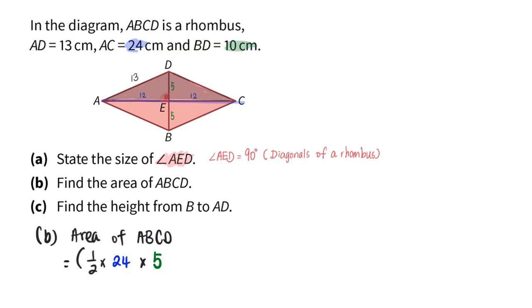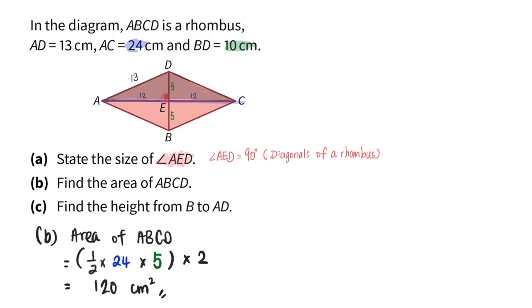And this is for one triangle. There are two of them, so I multiply by 2. And this will give me a value of 120 cm squared.